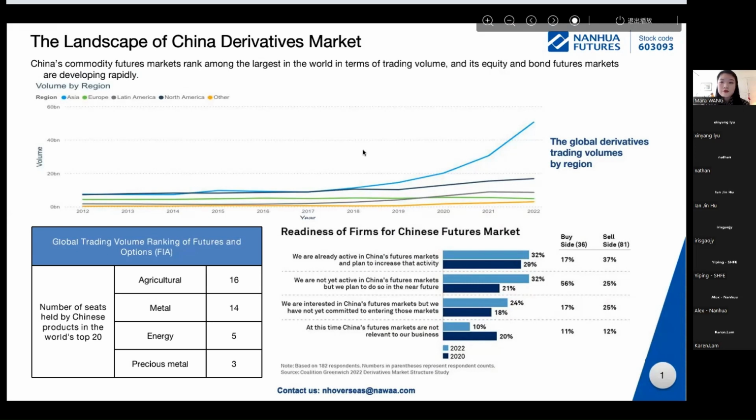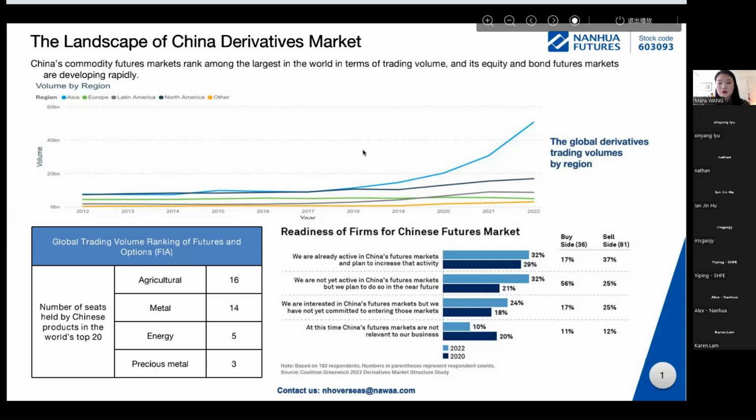Asia is already far bigger than other markets here, as well as for the respective top 20 world rankings regarding trading volumes. China products hold 16 places in agriculture, 14 places in metal, 5 in energy, and 3 in precious metals here.